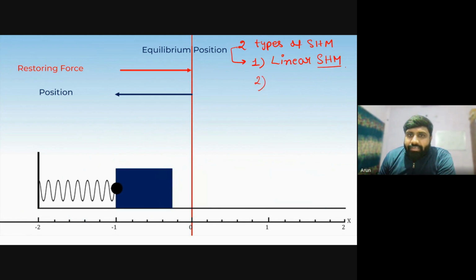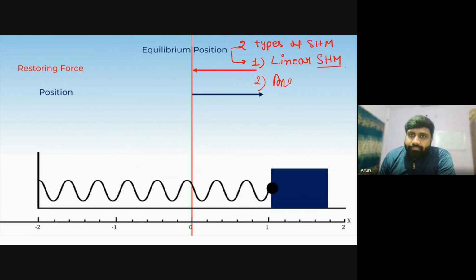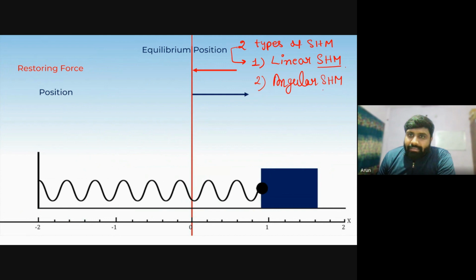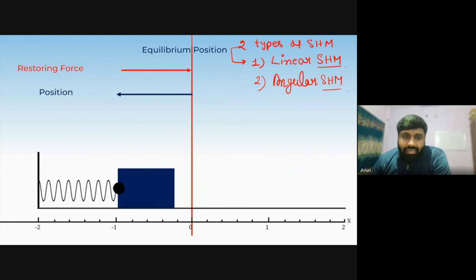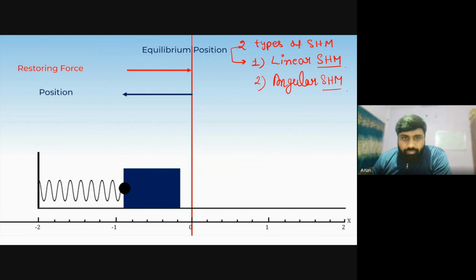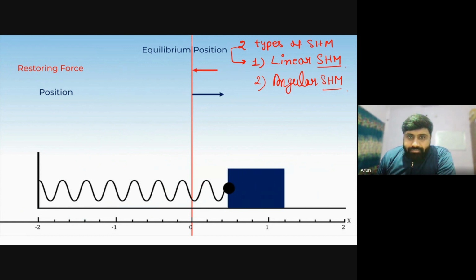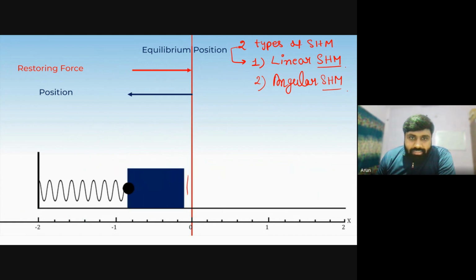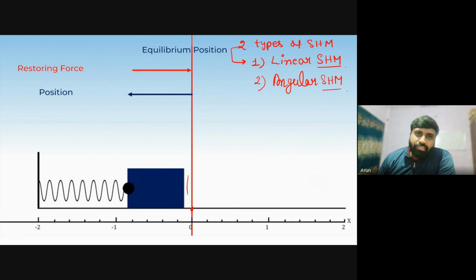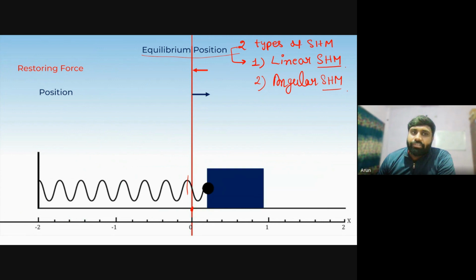And the second one is the angular SHM, the one that you have seen in the previous slide. Okay. So here, the body wants to capture this position, which is the mean position. This position is also termed as the equilibrium position.